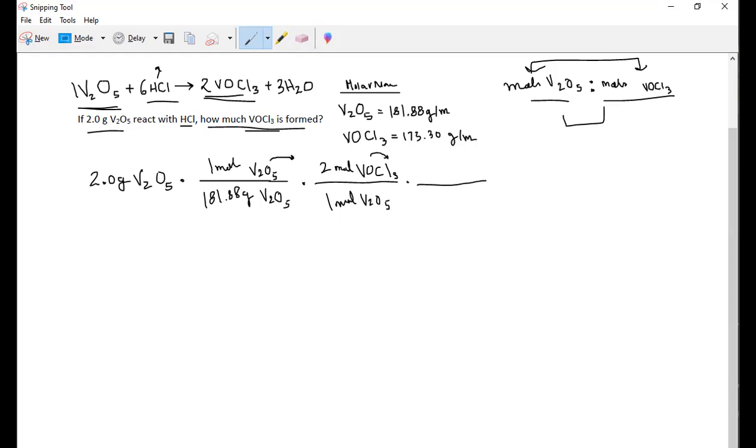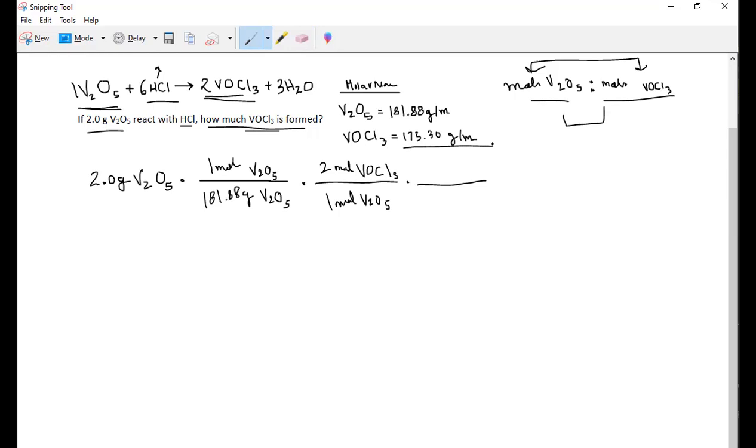Every time you have something in the numerator, that's your new starting point. How would you move on from this point? Well, you'd have to put something in the denominator and something in the numerator, such that your moles of VOCl3 cancels out, and you're left with grams of VOCl3. And again, that just comes back to molar mass, because molar mass helps you do that, right?